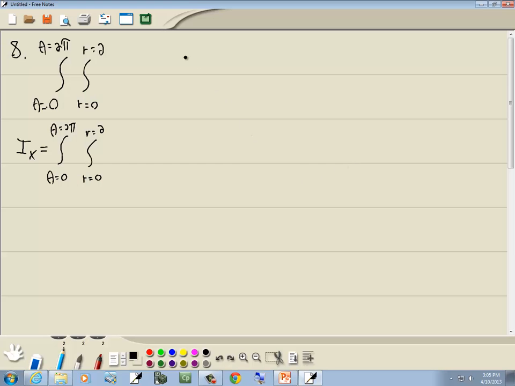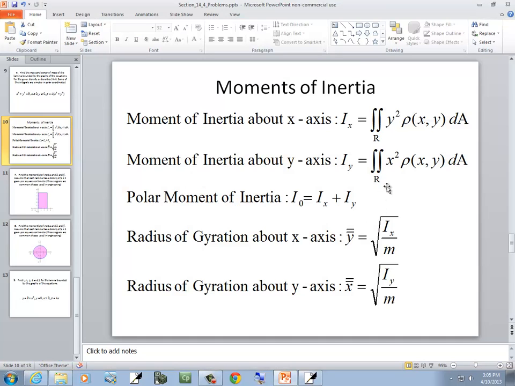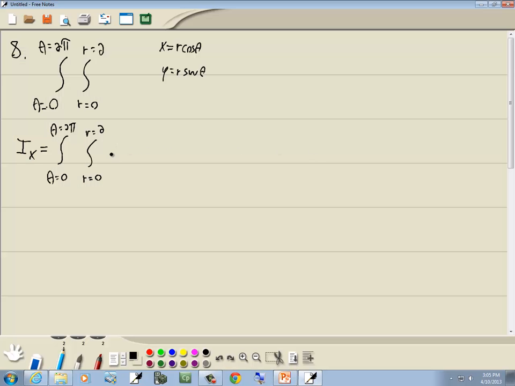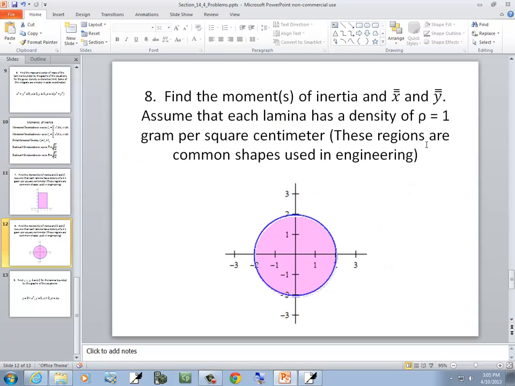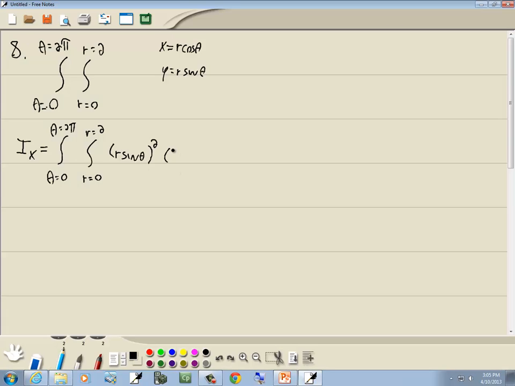Well, remember, x is equal to r cosine theta, and y is equal to r sine theta. So for the y squared, I'm going to have r sine theta squared. So that's our y squared. And then we have it times rho. This problem, again, rho is 1. And the thing I seem to forget is to put an extra r here. And then we'd have dr d theta.